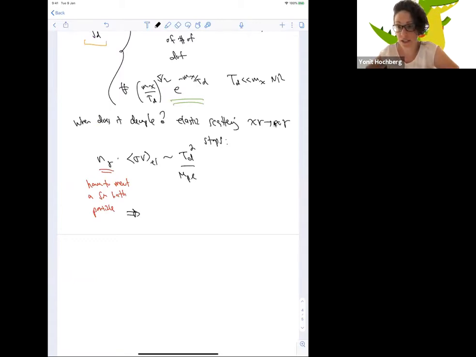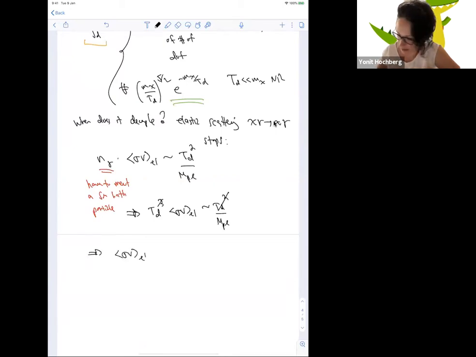Photons are relativistic, so they scale like temperature cubed. So what I have here is TD cubed times sigma v elastic goes like TD squared over m Planck. So I cancel T squared and one of those over here. And what we've now found is that sigma v elastic scales like 1 over T decoupling m Planck, or just written another way, I can write this as m chi over TD to get that unitless x variable times 1 over m chi m Planck, excuse me.